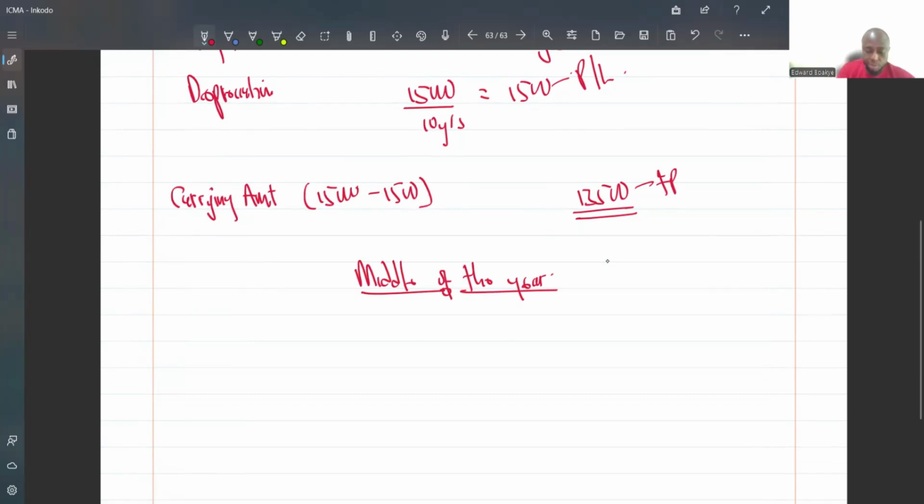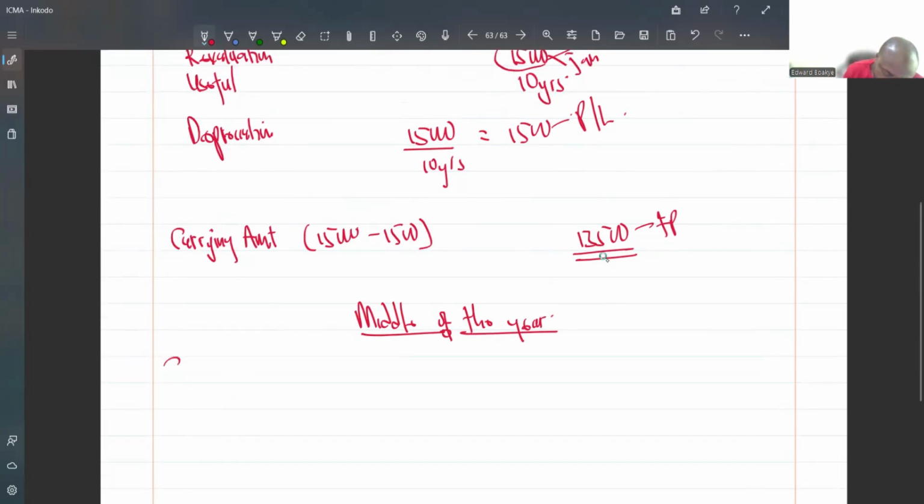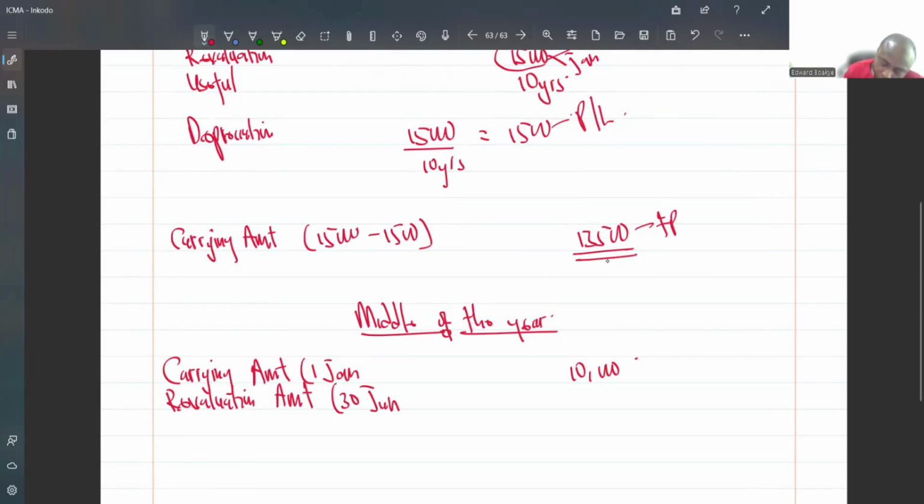So here, same way, let's say we had a carrying amount of 10,000 again, and this 10,000 was as at 1st January. And then a revaluation came in as at 30th June of 15,000.